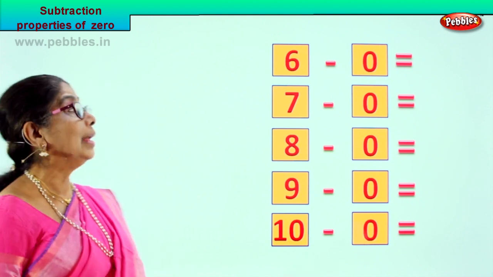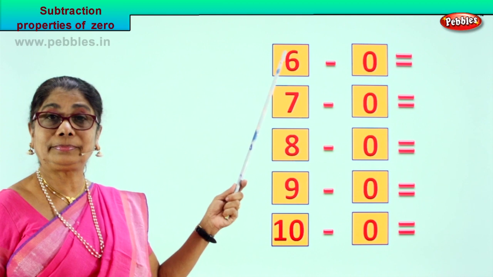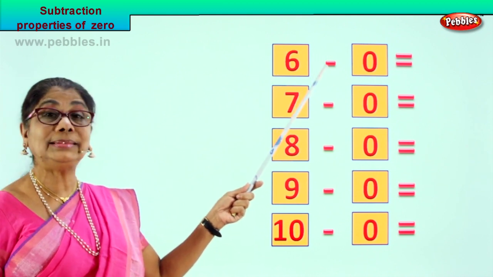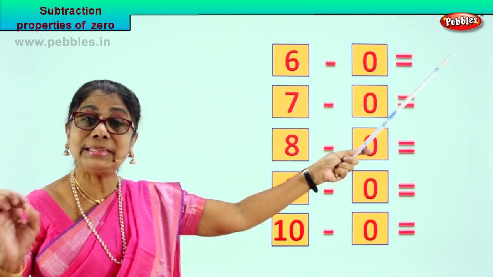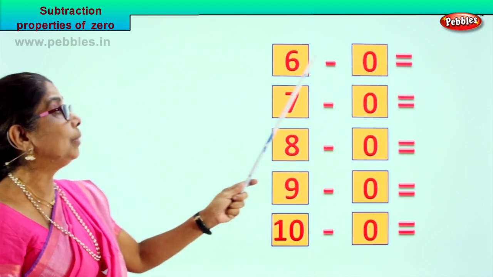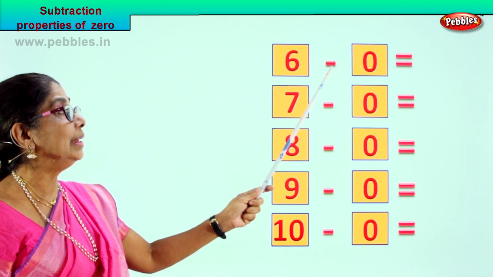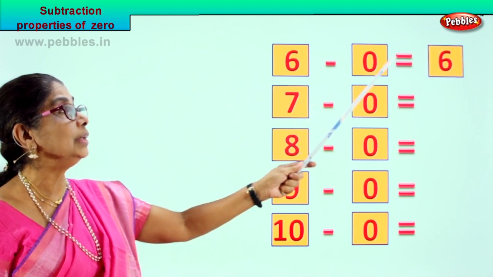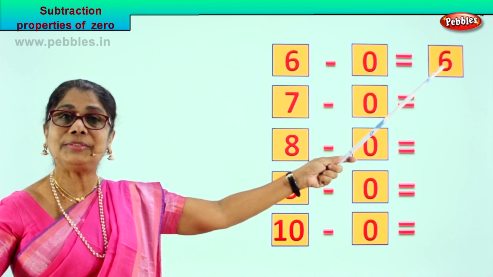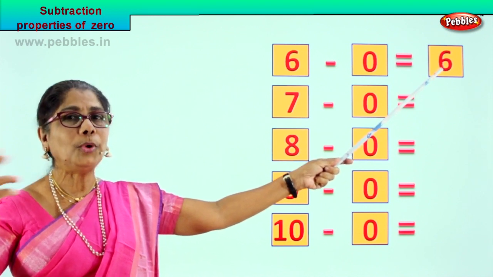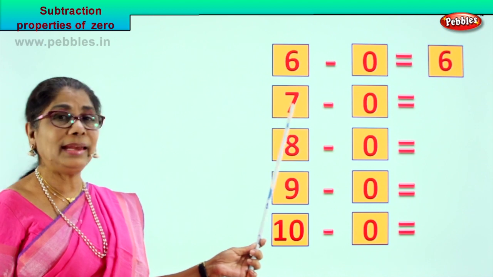Look again, carefully. Number 6 minus 0 is equal to the number 6 itself. You got it clear? Let's go to the second number.